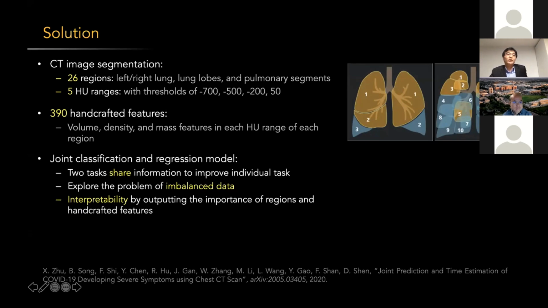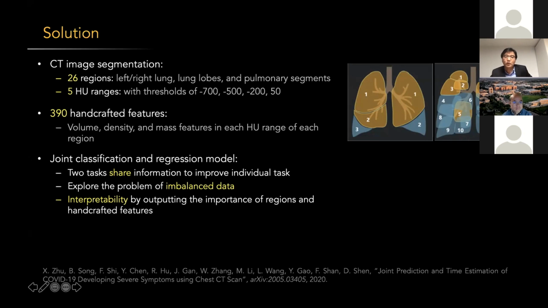Then we use a joint classification and regression algorithm, as we mentioned, and these two tasks can share similar information to improve their individual tasks. We also learn different weights for different subjects because we have imbalanced data.